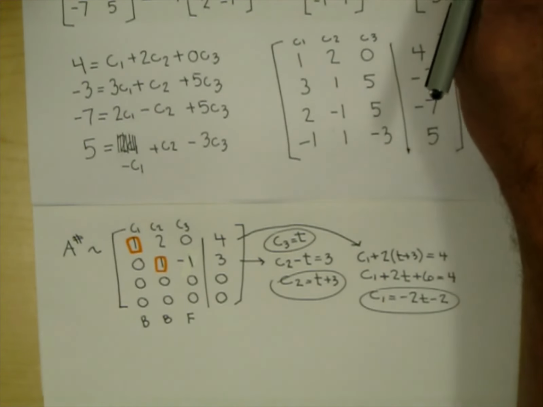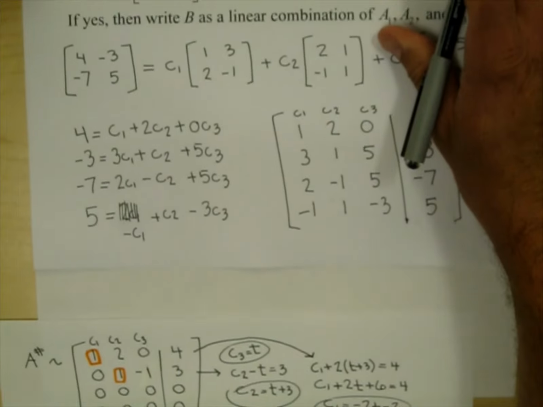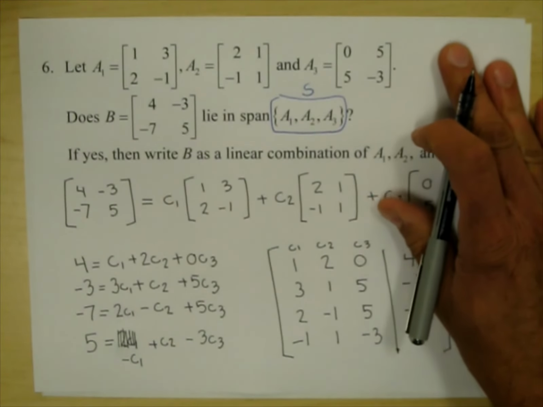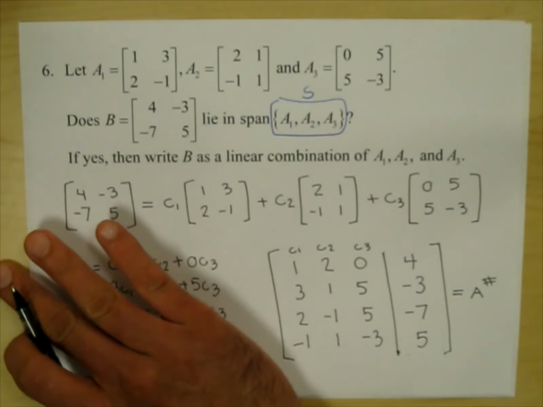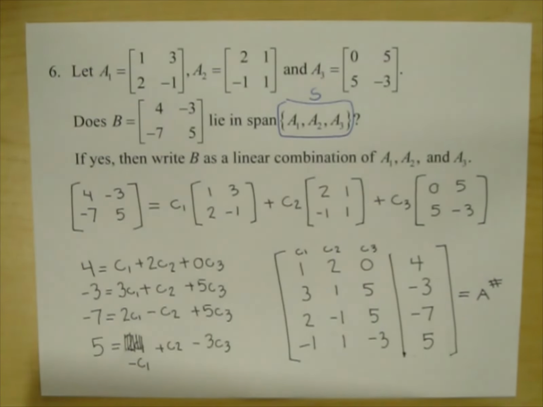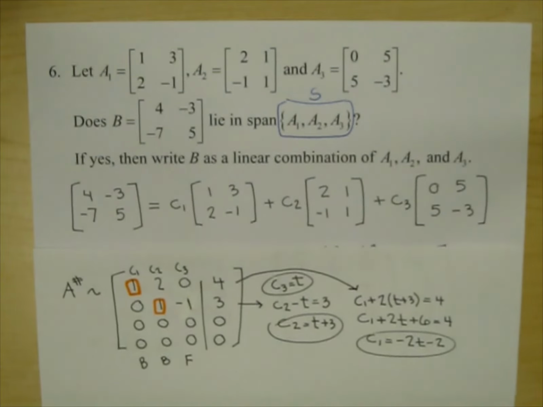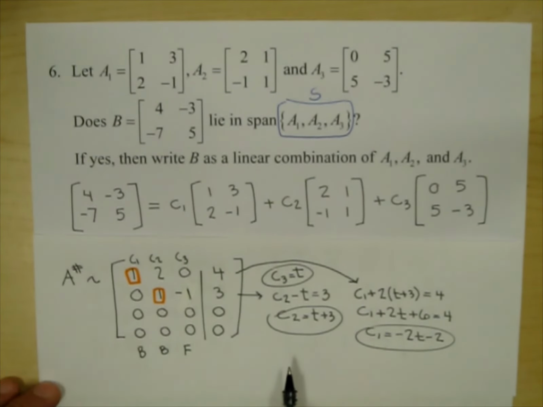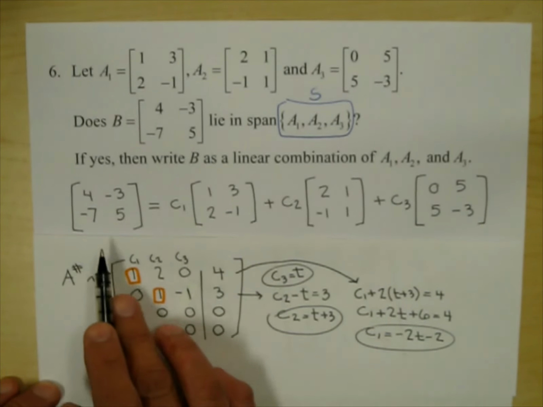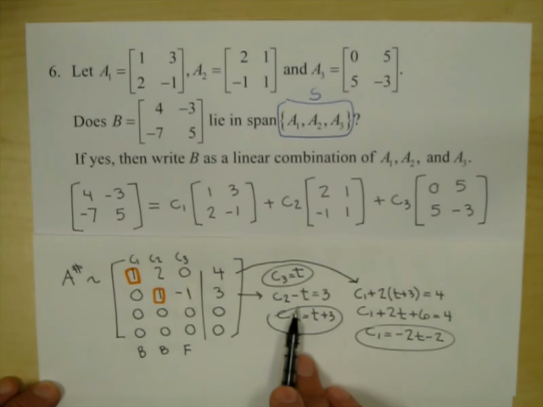So let's get back to this question here. We've got our vectors, and it asks, does B lie in the span? Well, look, we are able to find a solution to this.